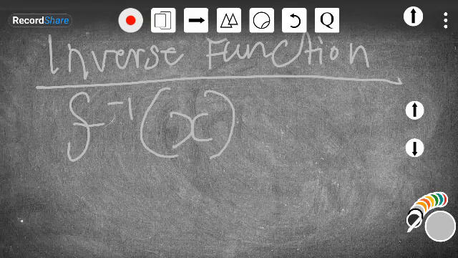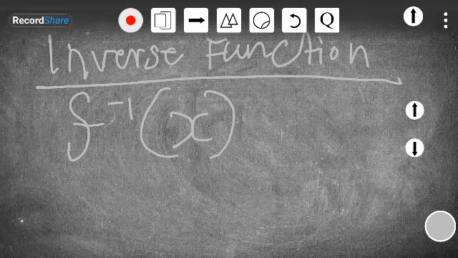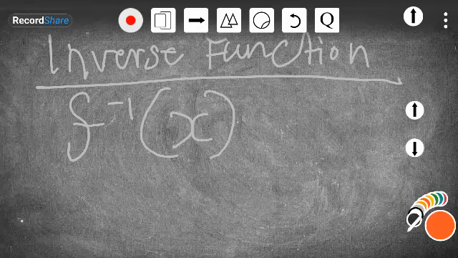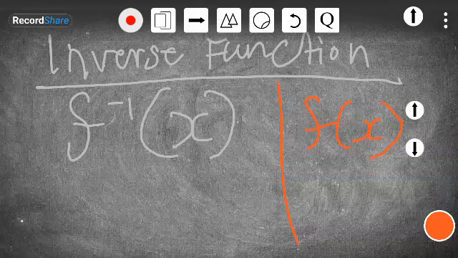This can be read as the inverse function of x. That is how the inverse function is denoted. It's different from the normal function, which is f of x. For the inverse function, there is this negative on top. So that is what we should know about these two.